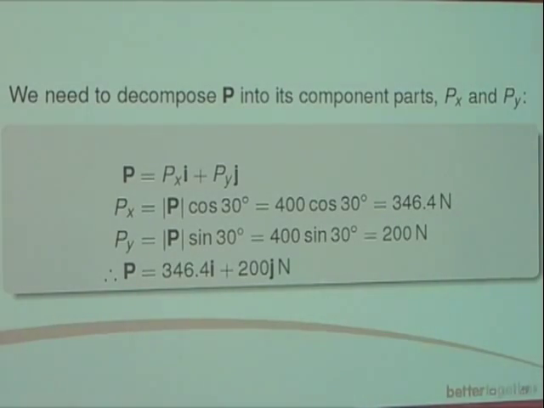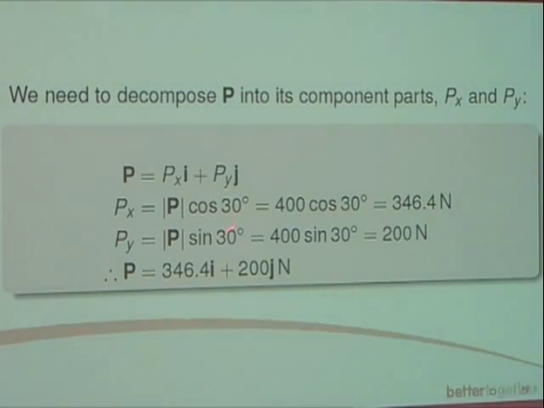We covered decomposition in the first lecture. Obviously, vector P can be decomposed into two scalars multiplied by those unit vectors, i and j. And we know from trigonometry that in the x direction, if we know the angle, which is 30 degrees, then it's just going to be the magnitude of P multiplied by the cosine of 30. That comes out to be 346.4 newtons.